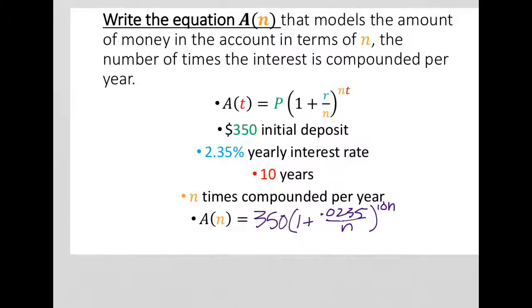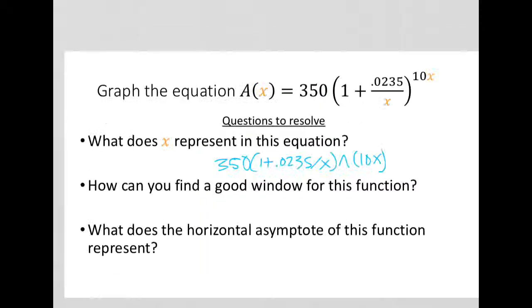If you jump back to what we wrote on the other page, this is the same exact thing except with x substituted in for n, because we're entering it into our calculator, and so we have to put it in terms of x. And now the question is, how can we find a good window for this function? So we want to remember that our x values are representing the number of compoundings, and we're looking at all those different values up to 365 times per year.